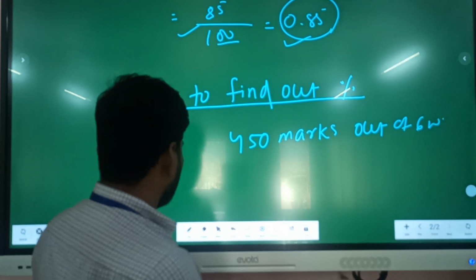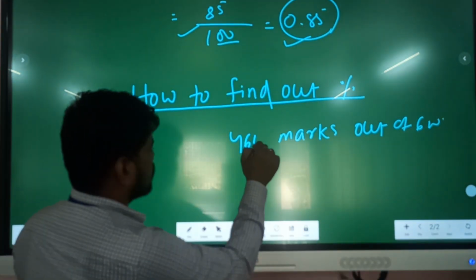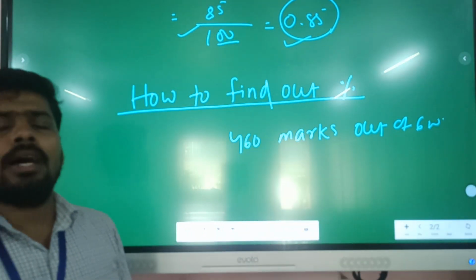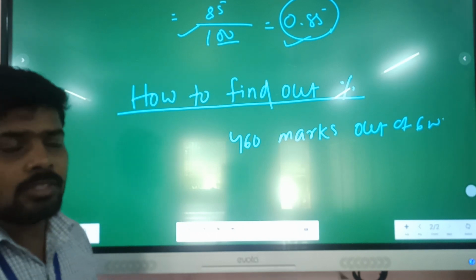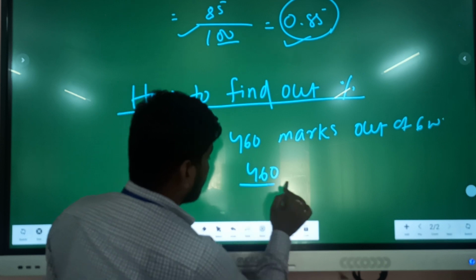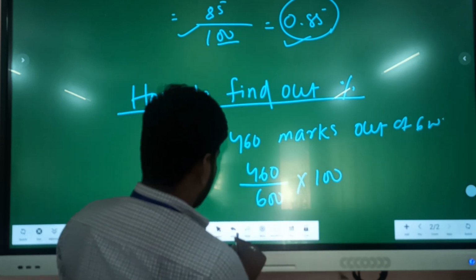That will be a bit easier. Let's take another example. I had secured 460 marks out of 600. So if someone asks me how much percentage did you secure, my answer will be 460 upon 600 into 100.